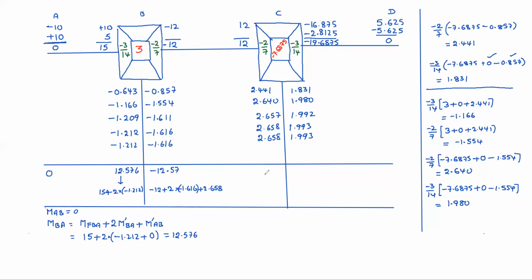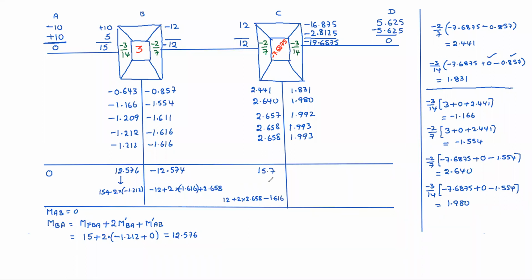Okay. Similarly, here at C joint, CB value will get like this: 12 plus 2 times of near end rotation moment 2.658 plus far end moment minus 1.616, 15.7.